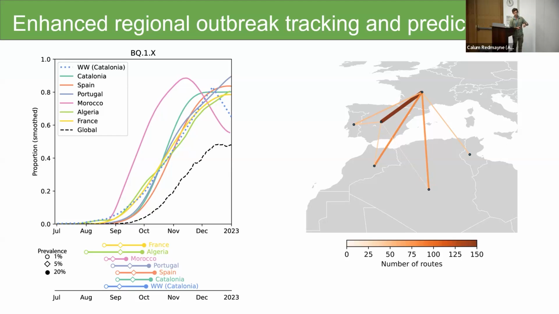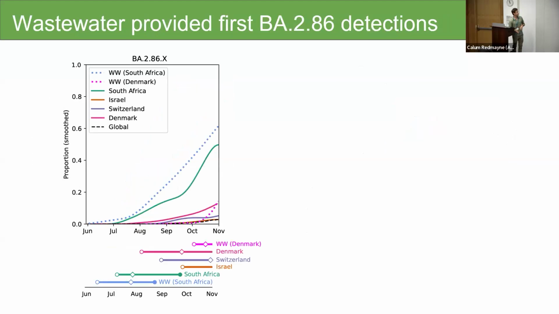Despite their very close proximity, there's not many flights that will take you from Algeria to Spain. Whereas there are a lot of flights that take you from Algeria to France, and France and Spain are quite connected. So you're able to start thinking about how we expect this outbreak to play out and start responding in kind, or to circumvent undue spread.